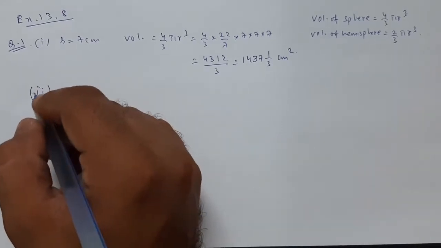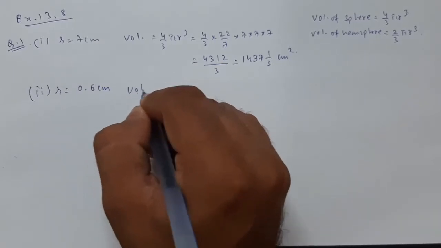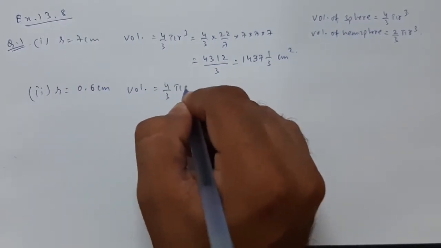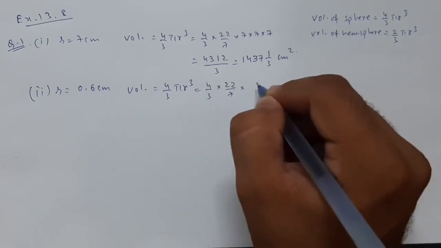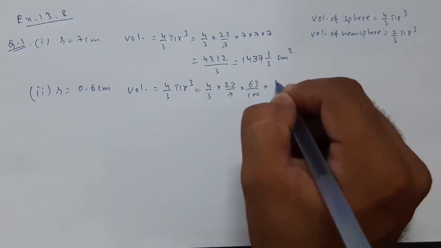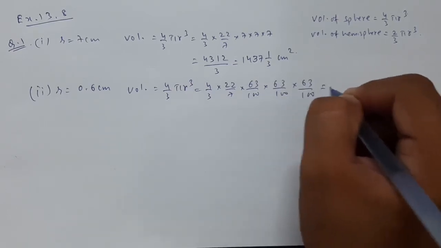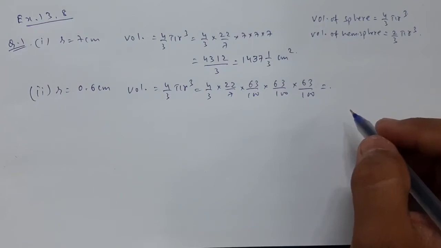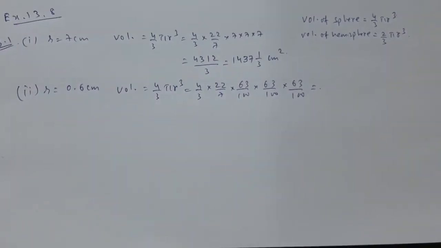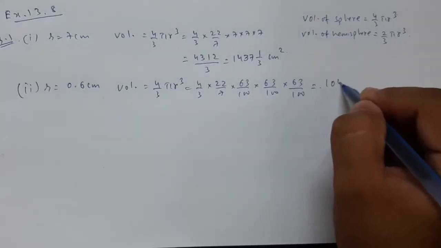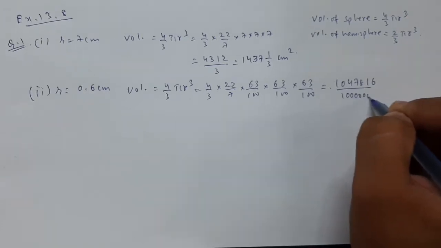In second bit, the radius is given to you 0.63 centimeter. Again, volume 4 by 3 pi r cube is equal to 4 by 3 into 22 by 7 into 63 by 100 into 63 by 100 into 63 by 100. This will give you 1047,816 divided by 100,000,000.